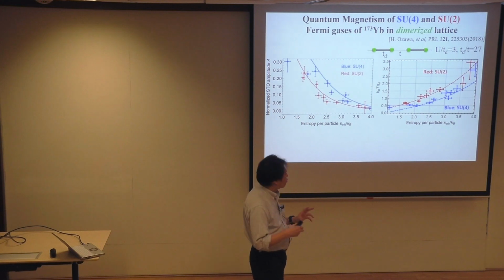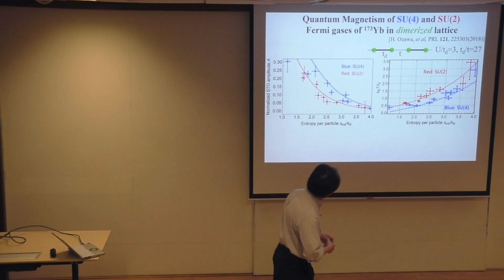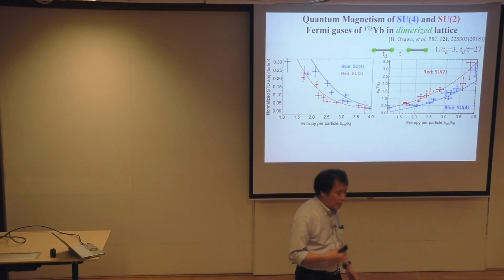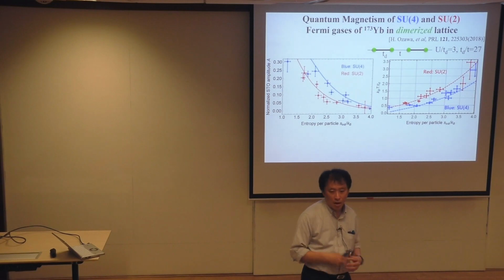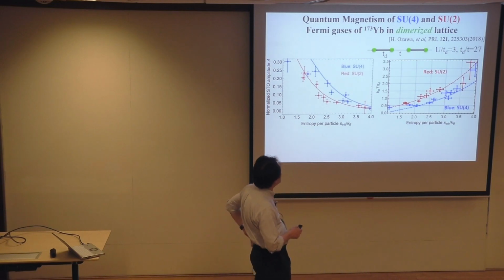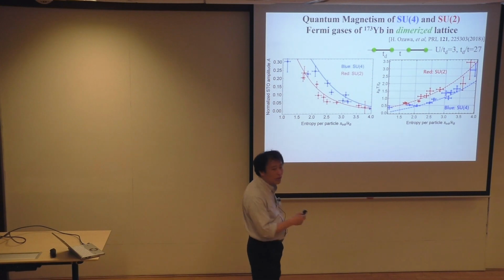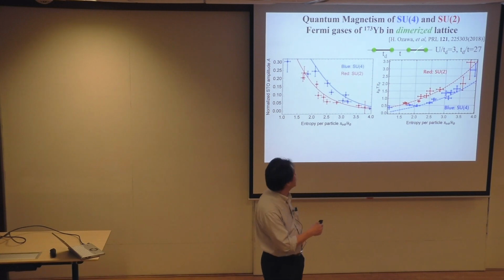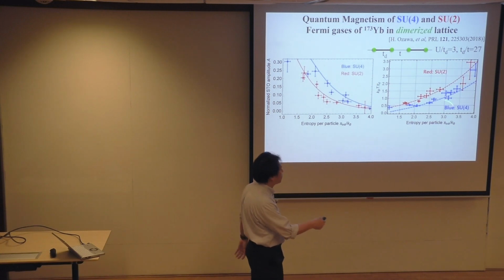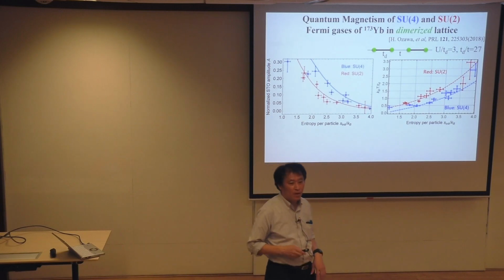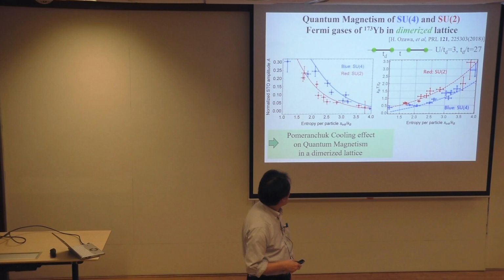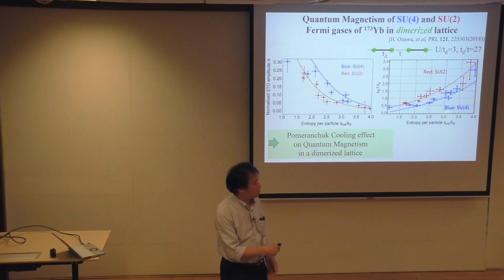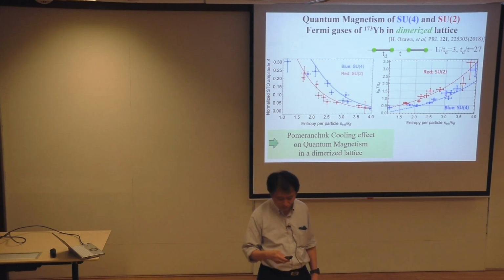We determine this temperature from the theoretical analysis based on the atomic limit approximation. And again, you can clearly see that a lower temperature is achieved in the SU(4) system than in SU(2) for various entropy per particle. This can be considered as a result of the Pomeranchuk cooling effect, but now on quantum magnetism in a dimerized lattice.